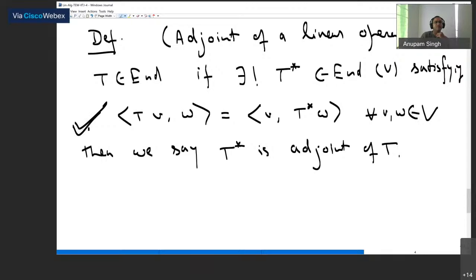Okay, and the theorem which we just proved implies that for every T, the adjoint exists.